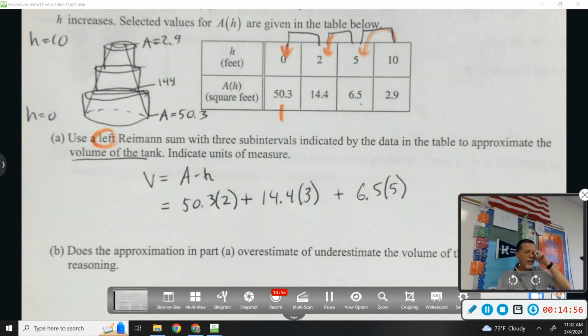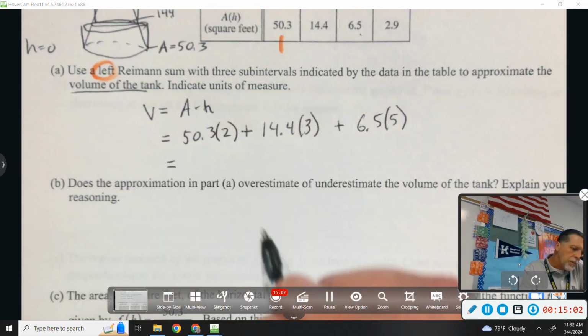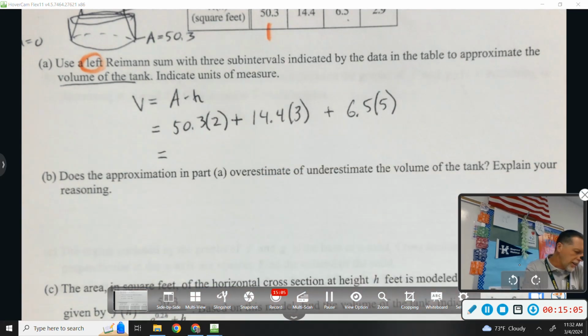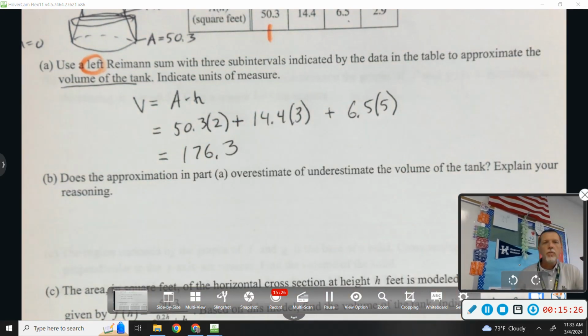So I can tell already this is going to be an overestimate, because we keep using the big values, in case they ask that. Calculator active, so I guess it wants me to give an answer. You have a calculator, so there's no reason to not, but you could still mess up typing something in your calculator, like I almost did. So 176.3.